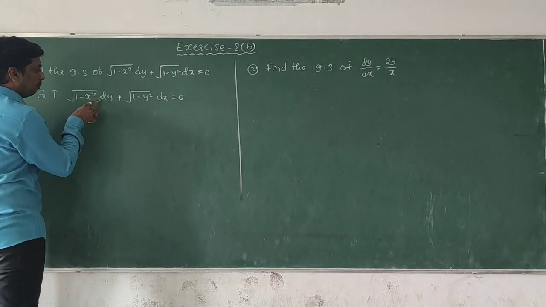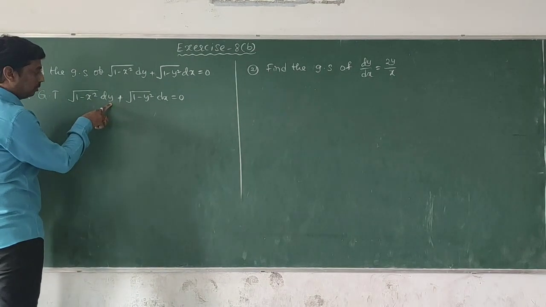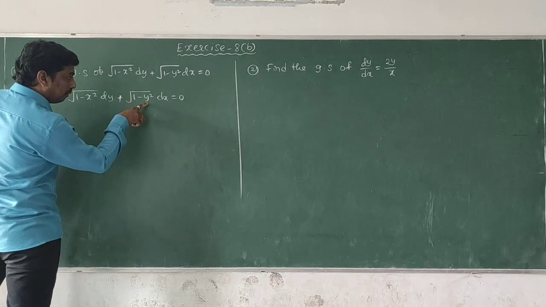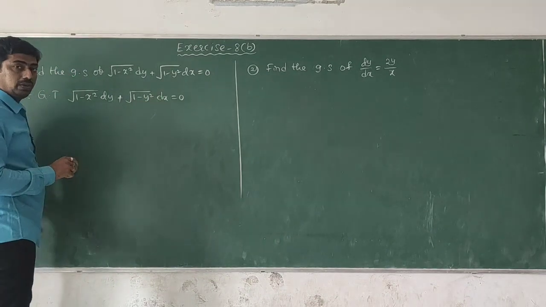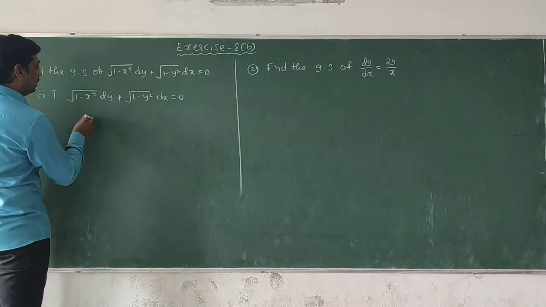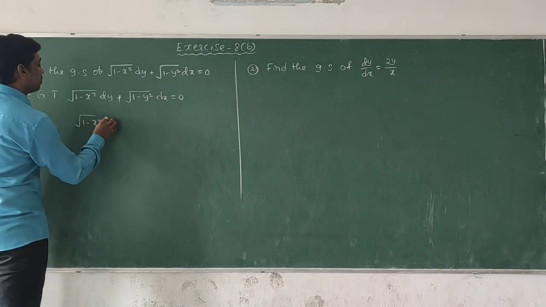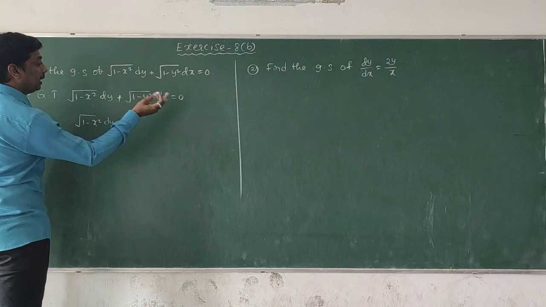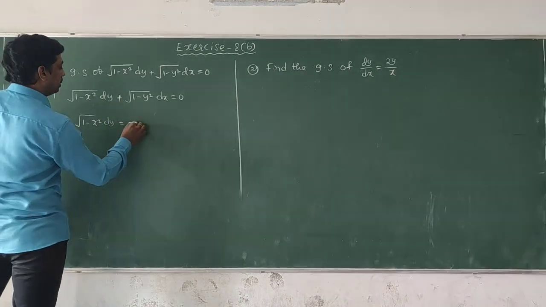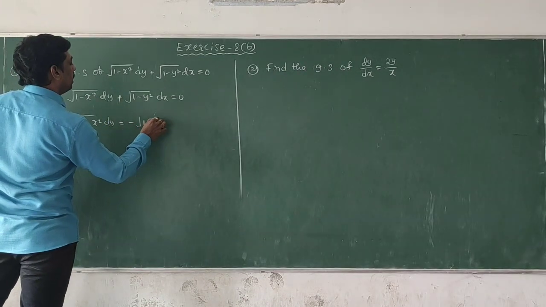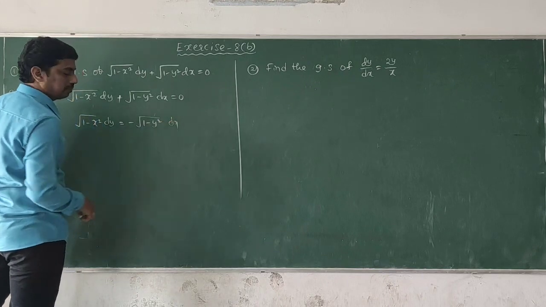Here the x square term is with respect to y, and the y term is with respect to x. We need to interchange that. So square root of 1 minus x square into dy, plus the term taken to the opposite side, minus square root of 1 minus y square into dx.